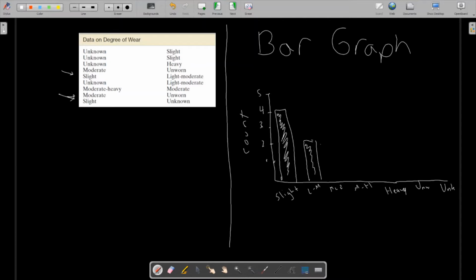For moderate, it looks like we have 3 observations. And for moderate heavy, we have just 1. For heavy, we have also just 1.